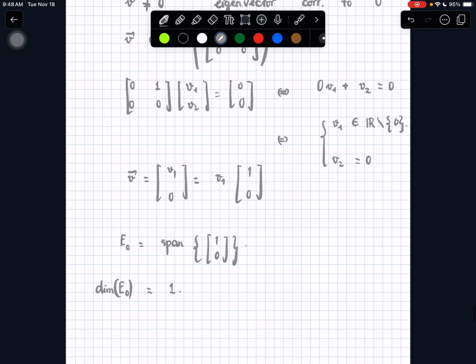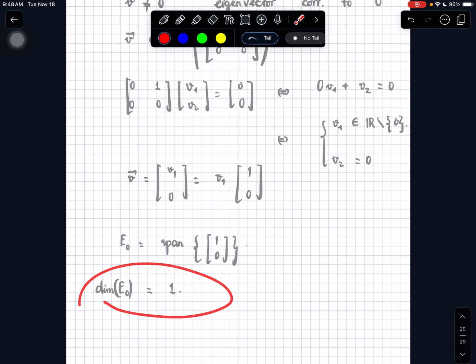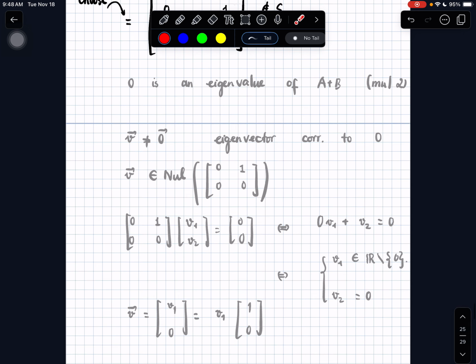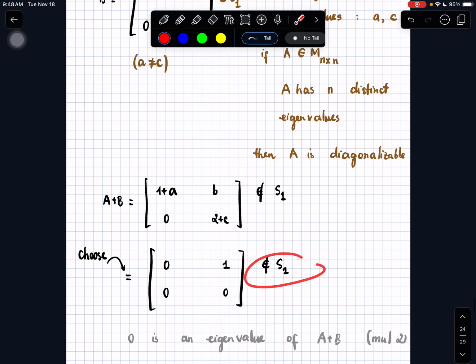This is not equal to the algebraic multiplicity of 0. So the geometric multiplicity of 0 is 1, and the algebraic multiplicity is 2. This is to say that we did formally prove that this matrix is not diagonalizable. So it is not in S1.